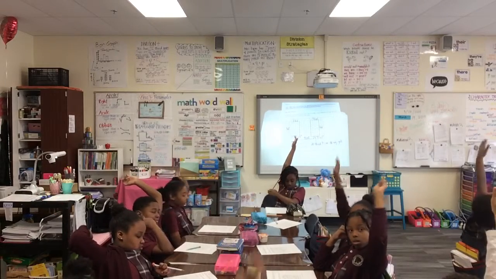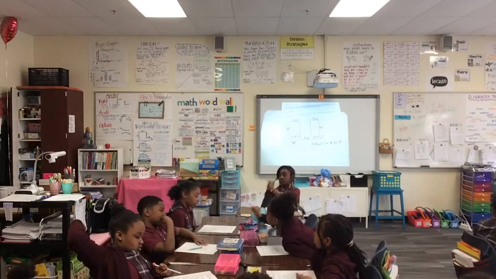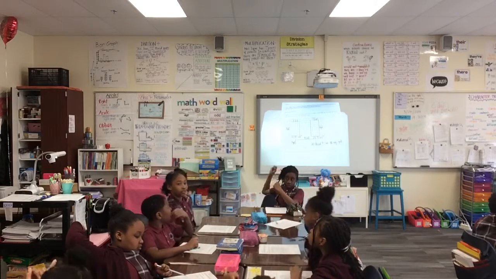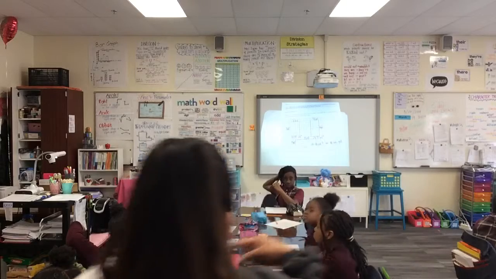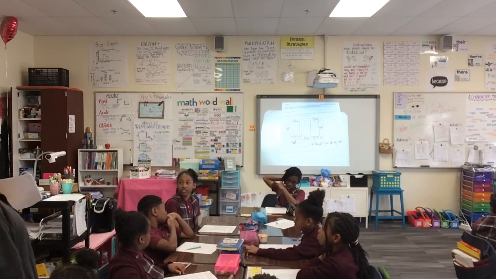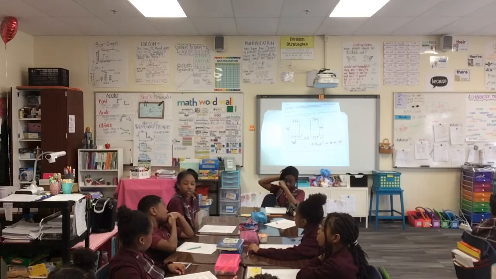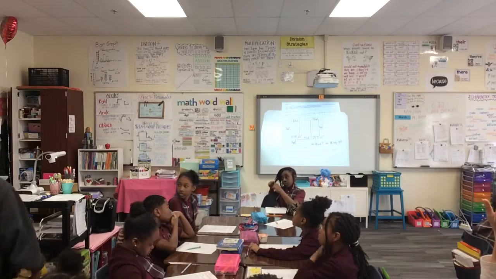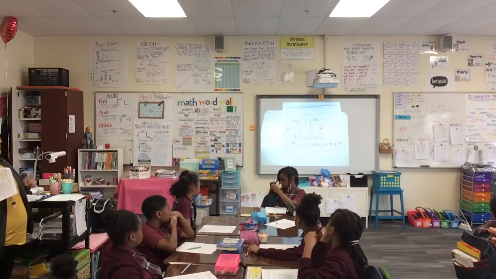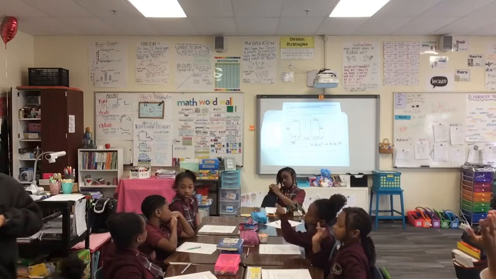Taya? Option 1, because option 1 has 35 square yards. So Taya said option 1 because all the other ones have the smallest fencing.